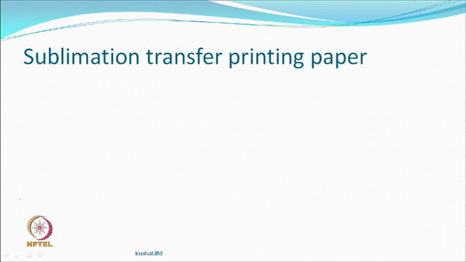But from the point of view of printing the paper, there may be advantages. One advantage you can expect is that there is going to be a very smooth surface.